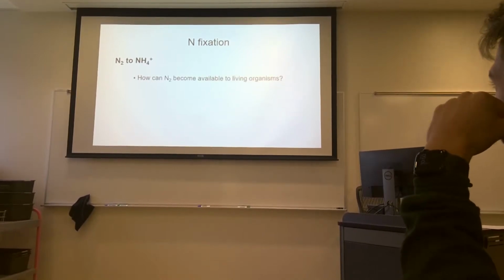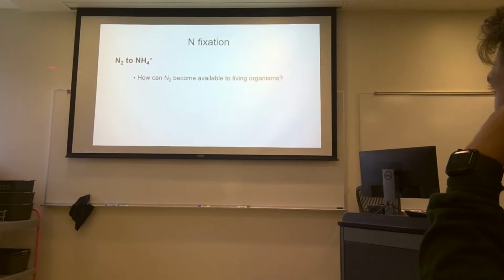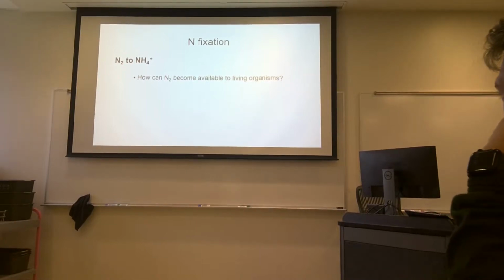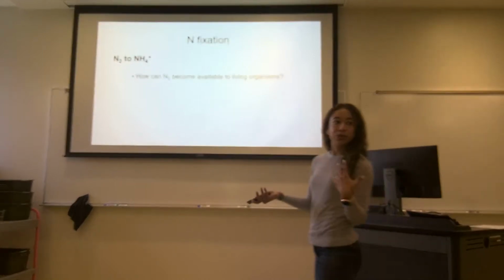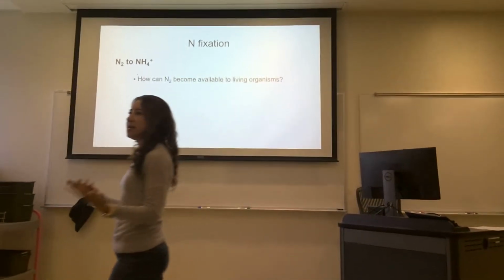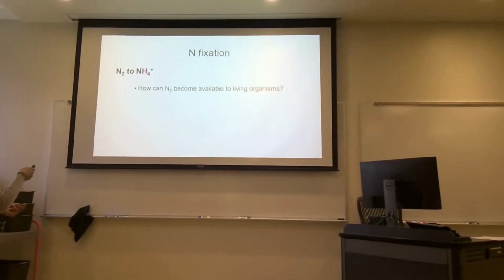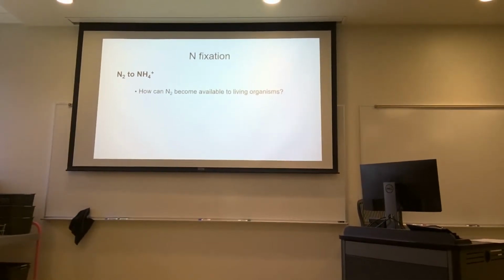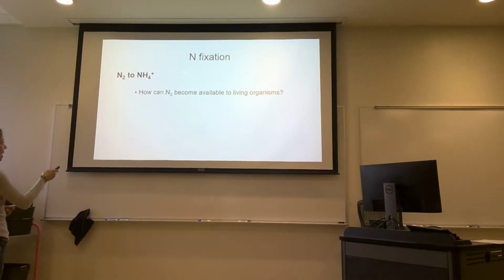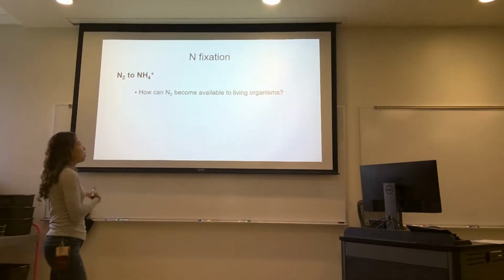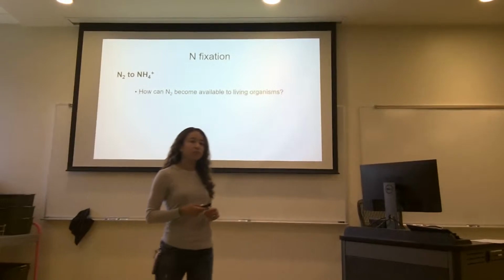So you have nitrogen present as a gas in the atmosphere, and then you're going to reduce it to ammonia, or ammonium in this case. So how can that atmospheric nitrogen become available to living organisms?